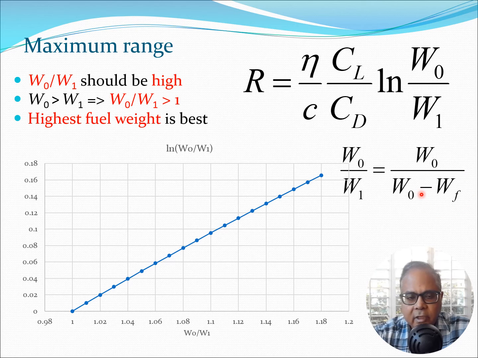So essentially, highest fuel weight is the best as much as you can carry as far as the aircraft design process is concerned. So again, that is something which comes out of common sense also, but that's something which the math is also telling you. So in any case of any equation or closed form solution, it's always a good idea to verify your equations with your common sense thinking.